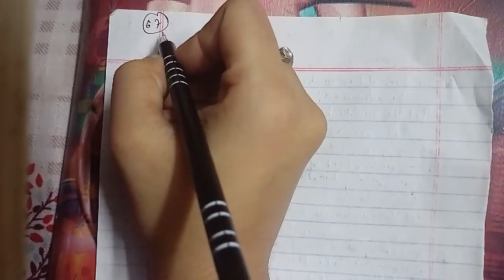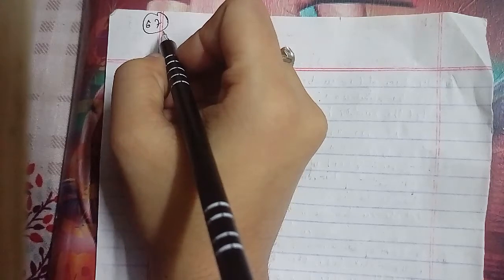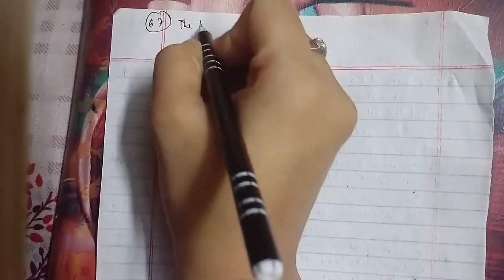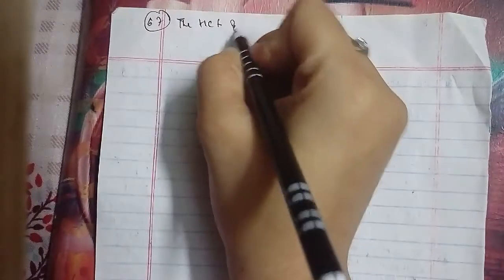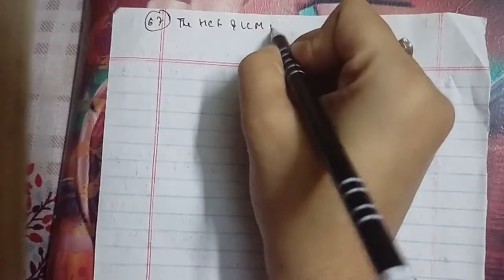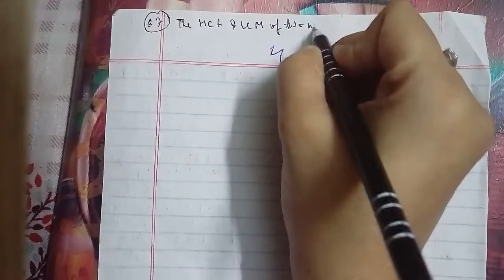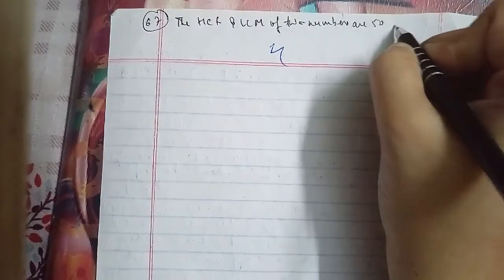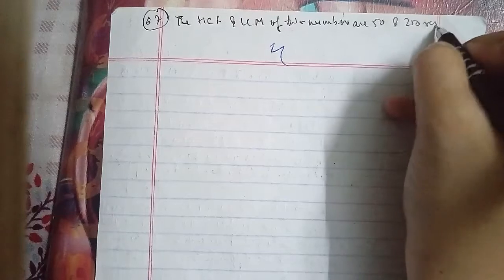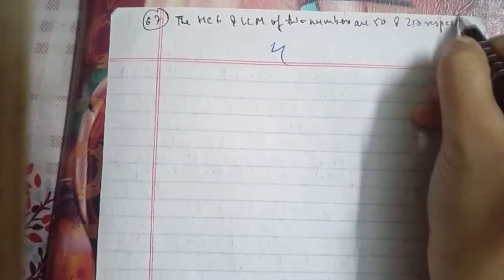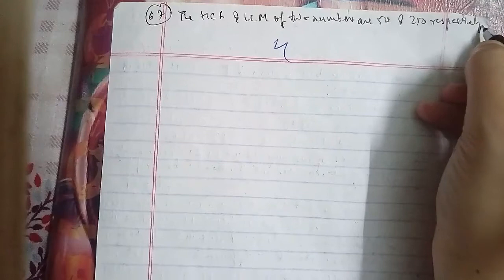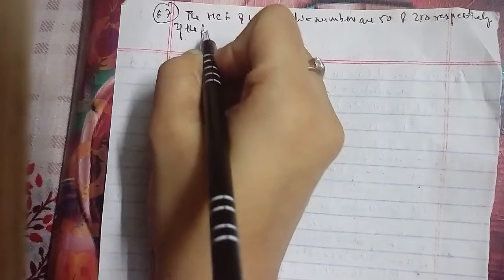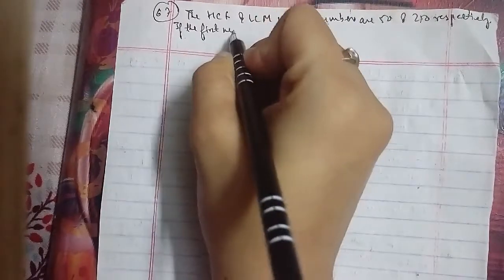So here we go with the question. HCF and LCM of two numbers are 50 and 250 respectively. If the first number is divided by 2, the quotient is 50.